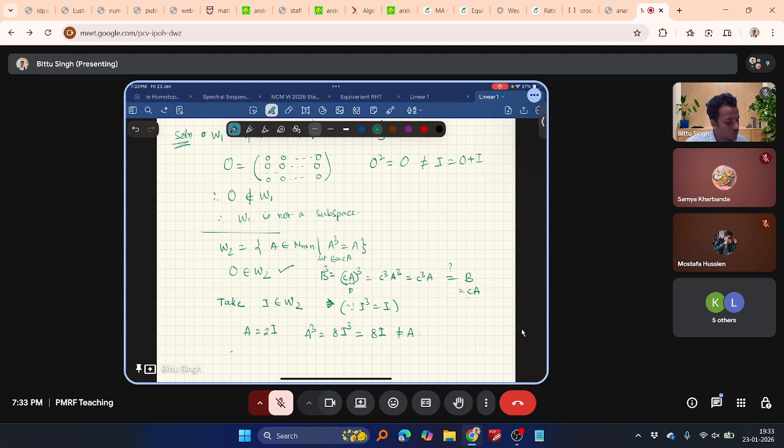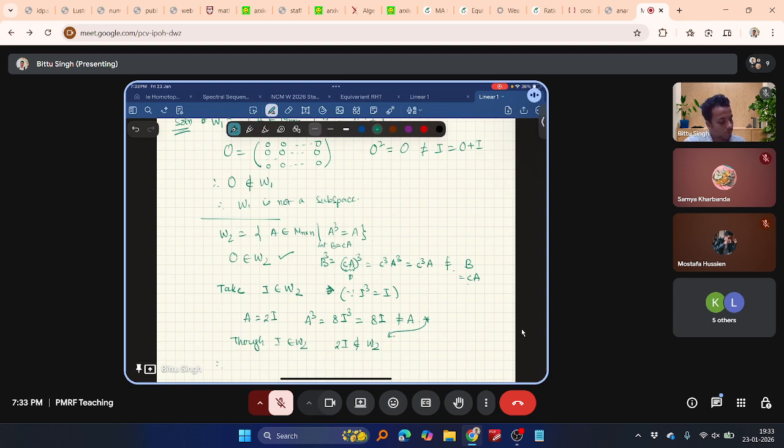Therefore, though I belongs to W2, the scalar multiplication 2 times I does not belong to W2 because of this. So this is not true actually.